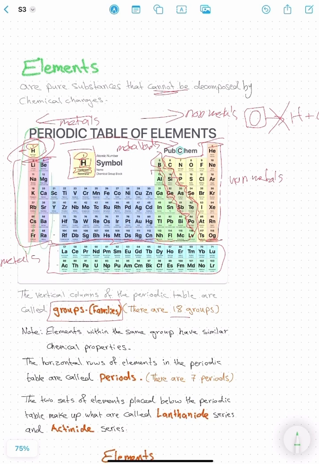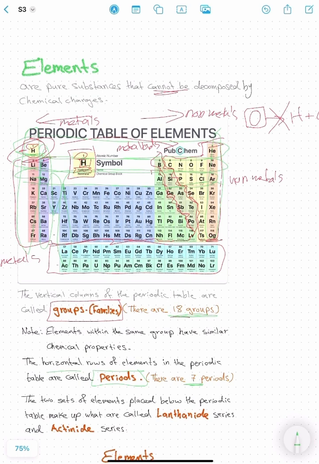This is the second group, third, fourth, and so on up till 18. So how many do we have? 18 groups. That's vertically. If you go horizontally, the rows, we call them periods. Okay, for example, this is period number 1, period number 2, number 3, up until 7. How many do we have?